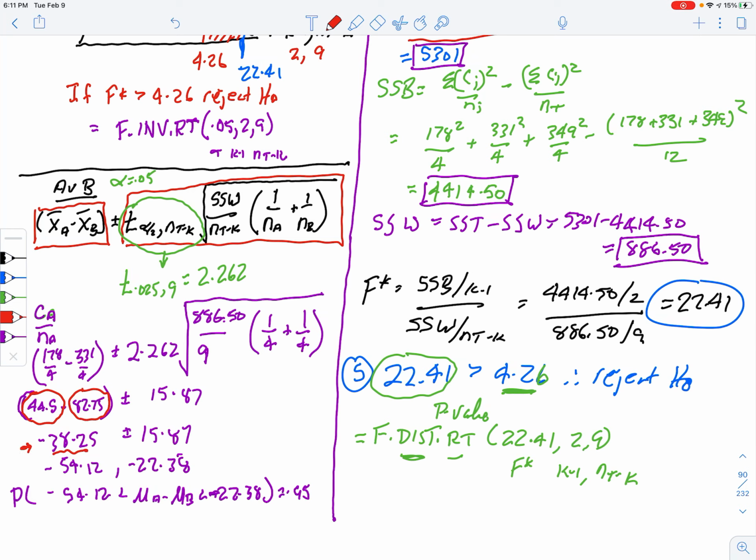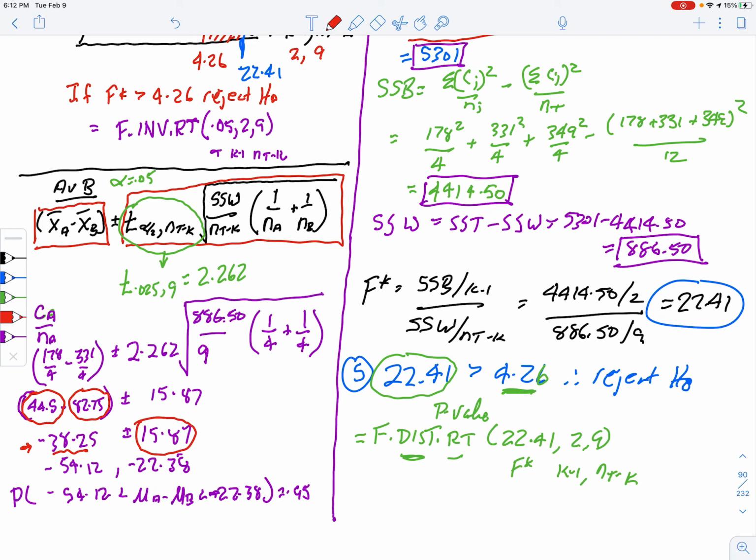So that 38.25 is the average difference in height between Alberta trees and BC trees. So in other words, the Alberta trees are on average 38 feet and a bit shorter than the BC trees, plus or minus a margin of error of about 16 feet.